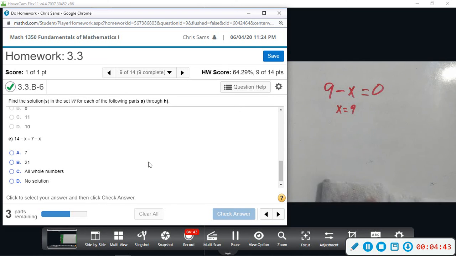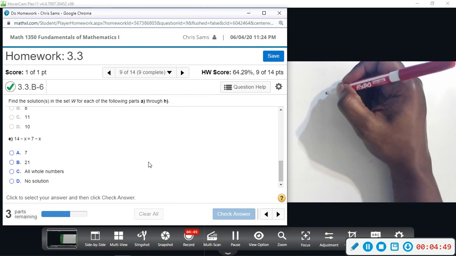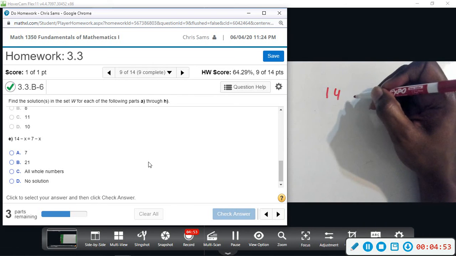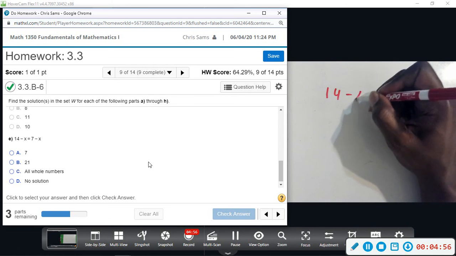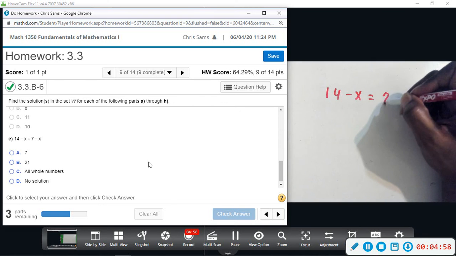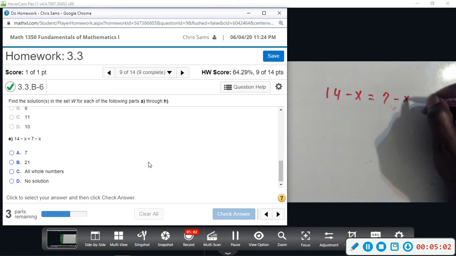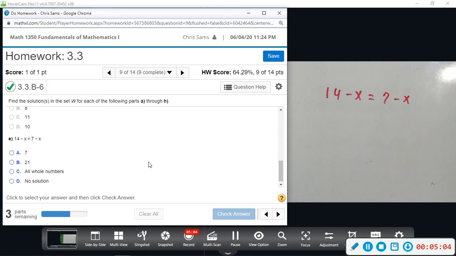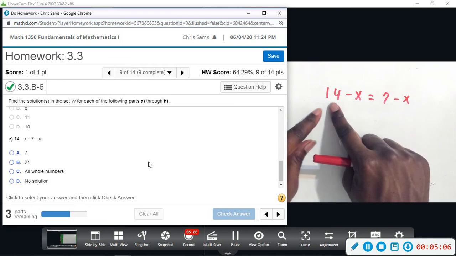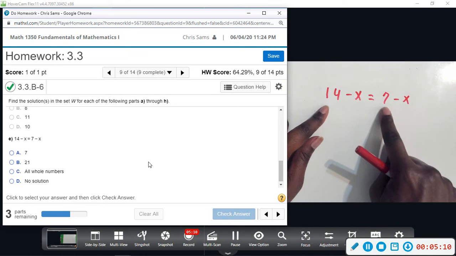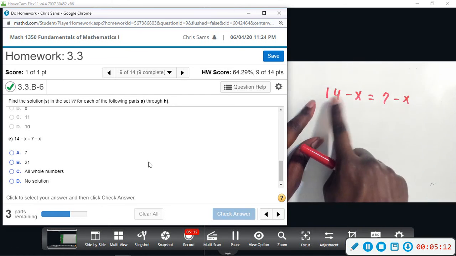Okay, part E, we want to manipulate this equation again, kind of using those properties of associative and commutative. 7 minus x. Okay, so we want this side to look like this side. So we can break up 14, we can rewrite it and get a 7 out of there if we do 7 plus 7.